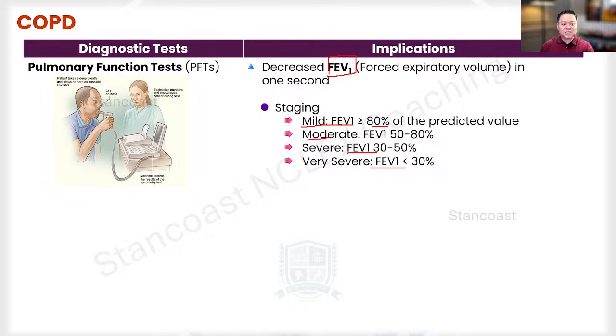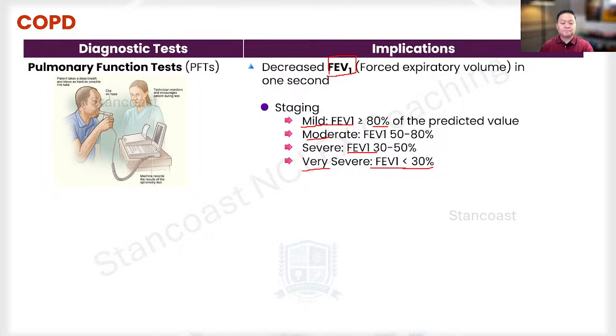Now, comparing it to the very severe form of COPD, they're not going to be able to really exhale the air outside, okay? Or they're not going to be able to empty the alveoli. So they're only capable of emptying less than 30%.